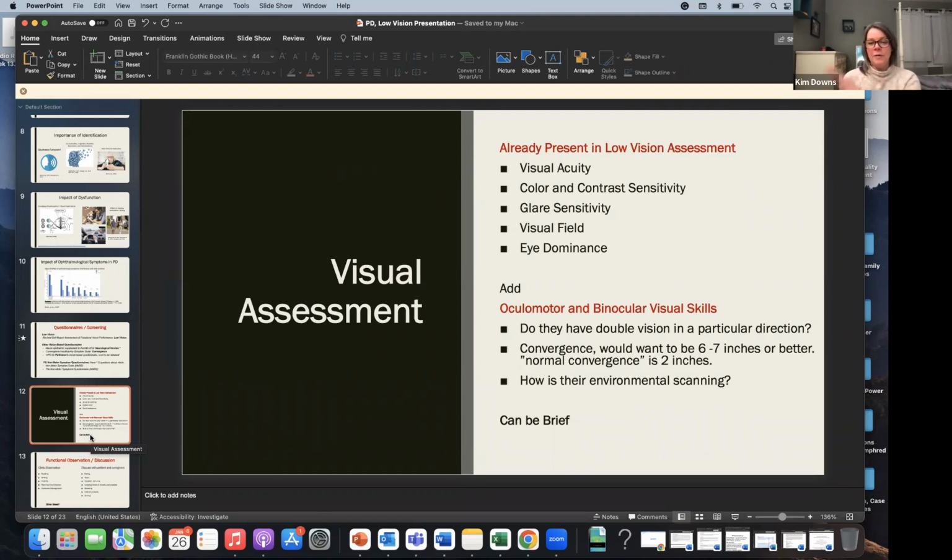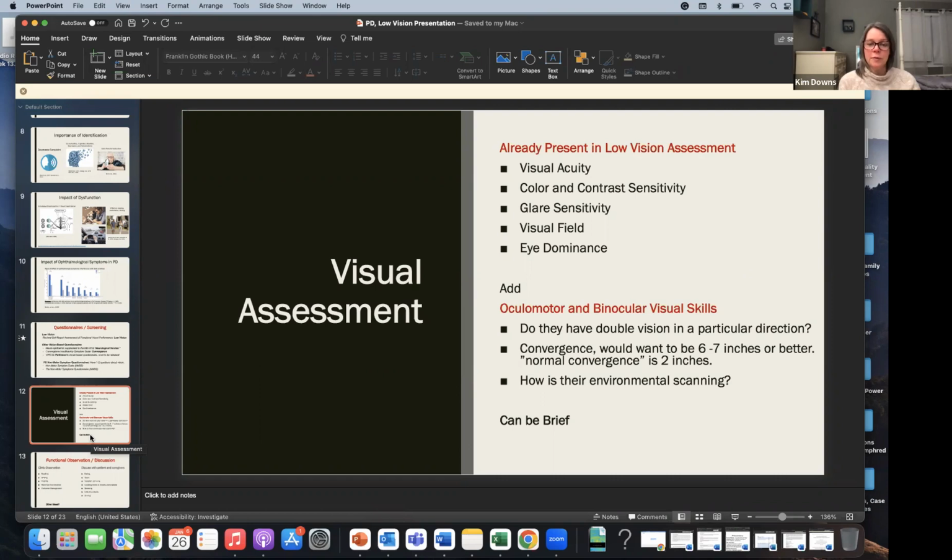You can have them shift their gaze in directions or do some pursuits and see if they can maintain visual fixation on a target, or if the target becomes double as they gaze in any particular direction.